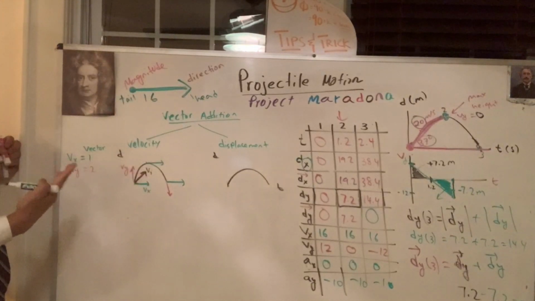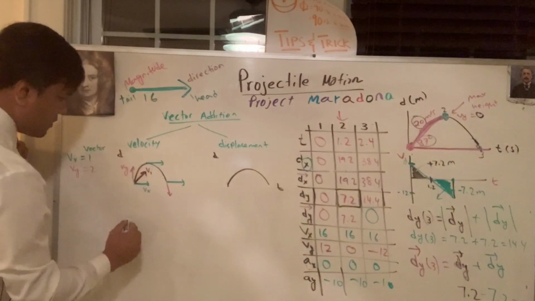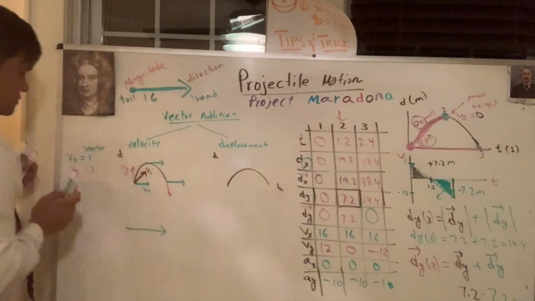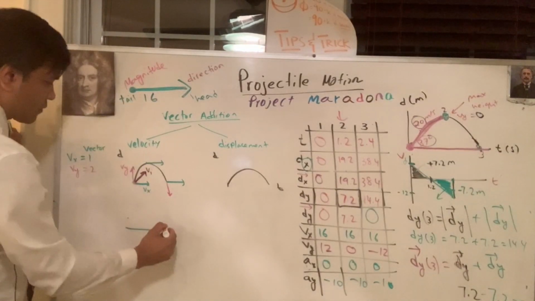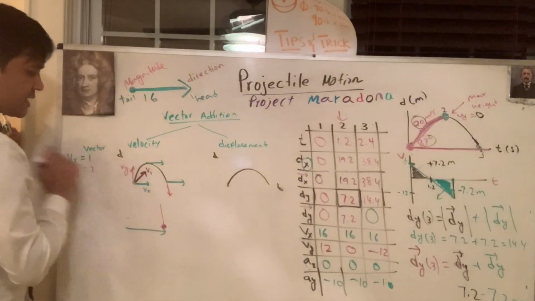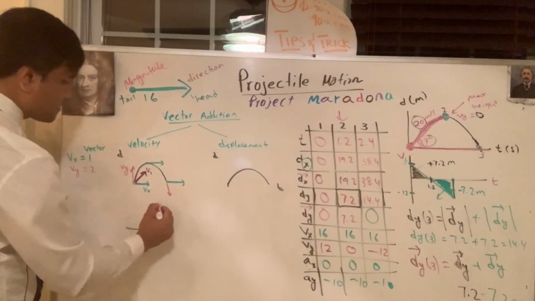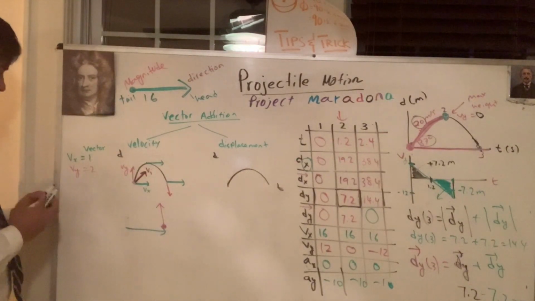I'm going to show you the head and tail method. So I'm going to take the vector 1. I'm going to put the vector 1 over here. And I'm going to find the tail of the vector 2 and the head of vector 1. And I'm going to write their magnitude.